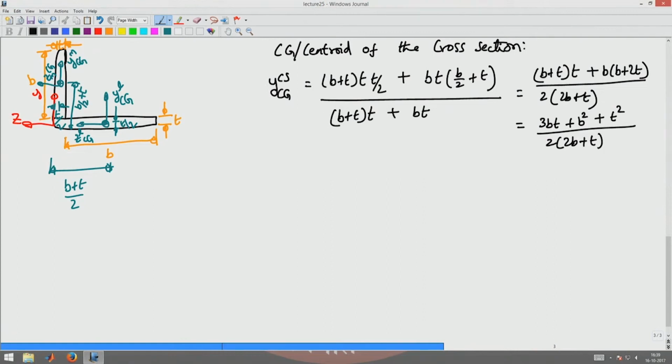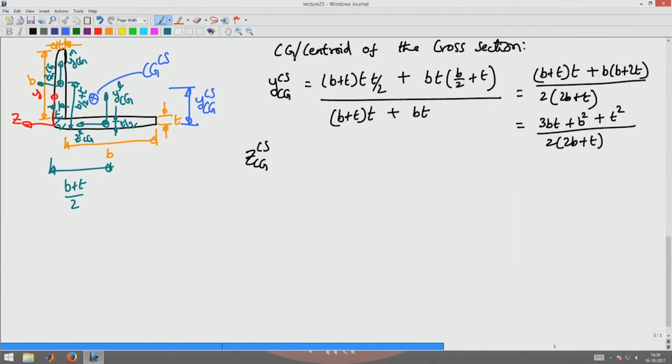Now, similarly, let me find the z centroid of the cross section. What is it that we have found? The y centroid, right? That is nothing but this location, the centroid of the cross section. This is CG of the cross section, and this distance is YCG of the cross section.